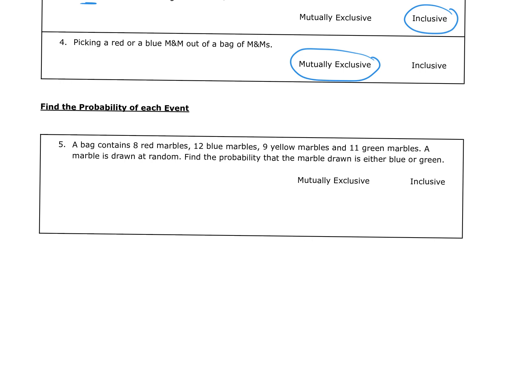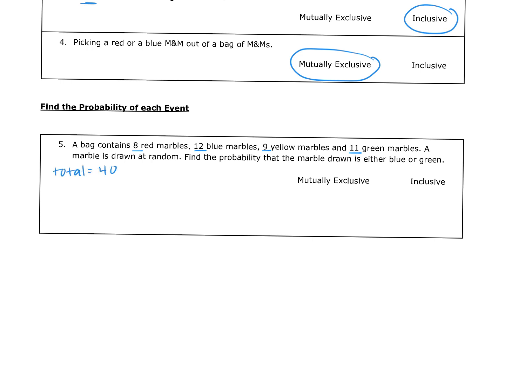Okay, it says a bag contains 8 red marbles, 12 blue marbles, 9 yellow marbles, and 11 green marbles. A marble is drawn at random. Find the probability that the marble drawn is either blue or green. So let's go back to the start. I have to find the total. So if I have 8 red, 12 blue, 9 yellow, and 11 green, I'm going to add all those together, and my total number of marbles is 40.